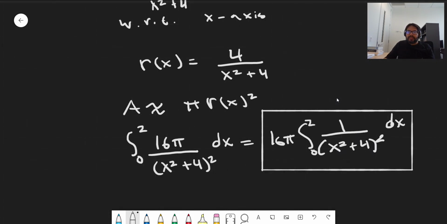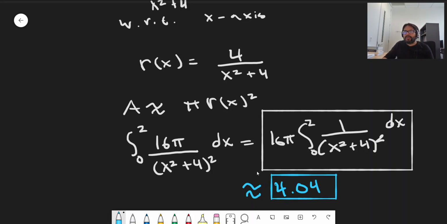I'll give you that the volume will be approximately 4.04. Okay, so it'll be interesting if you can figure out how to get this volume, right? It's actually volume.